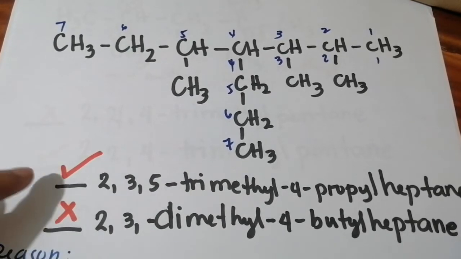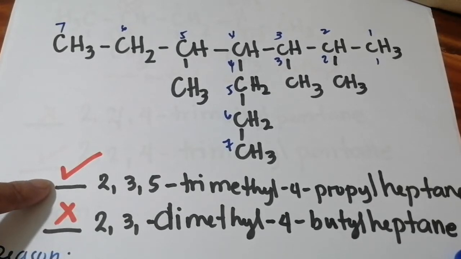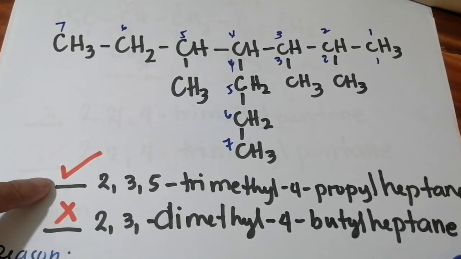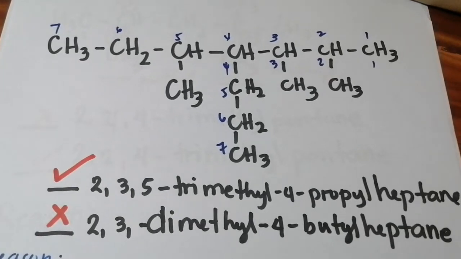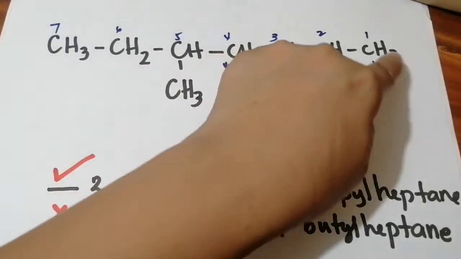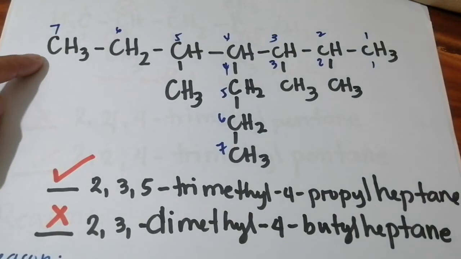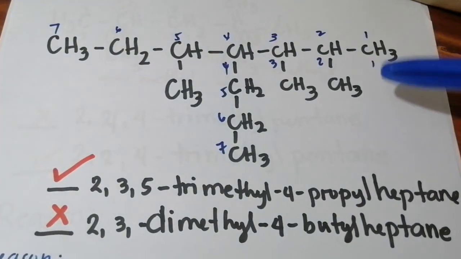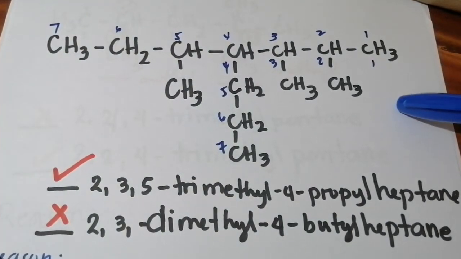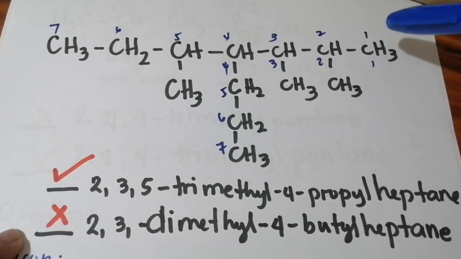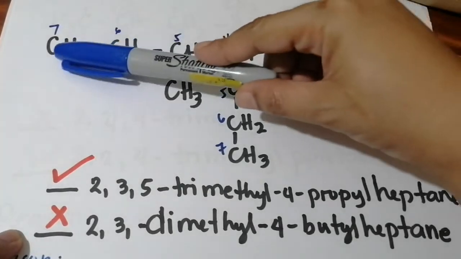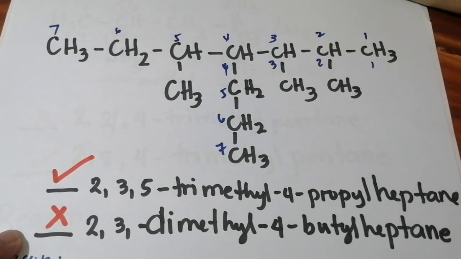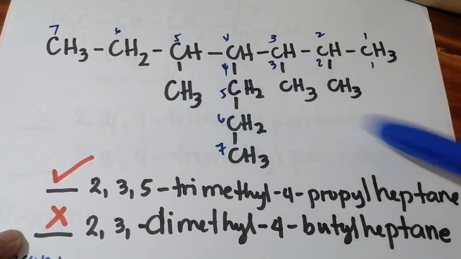Now, why is this the correct answer? It is because we have to get the alkane that has the most number of branching. If we start counting from here all the way there, how many branches do we have? 1, 2, 3, 4.